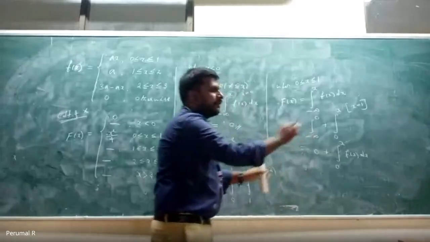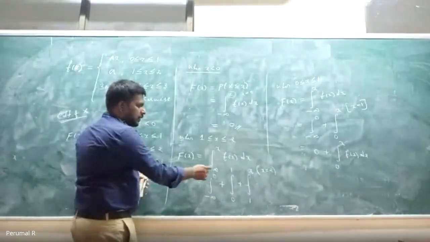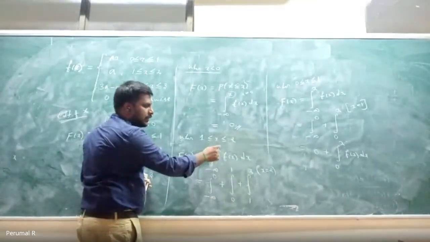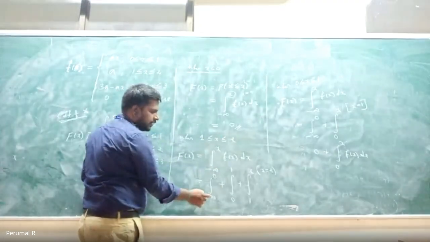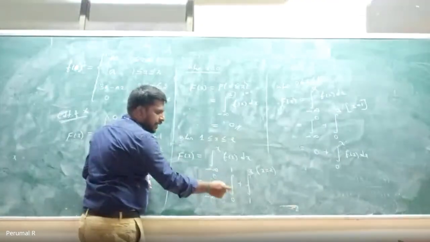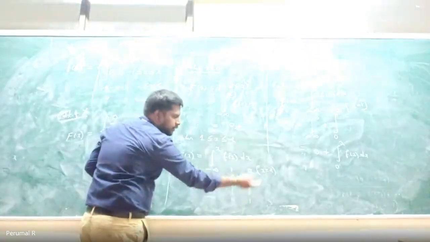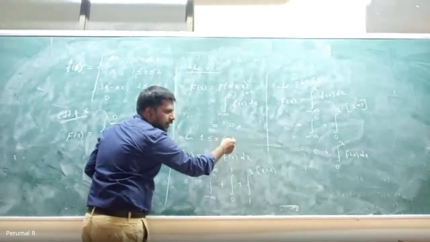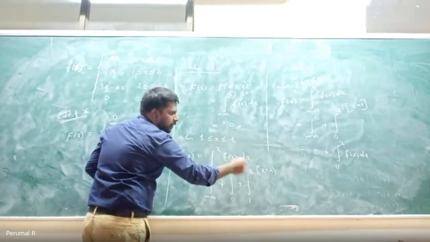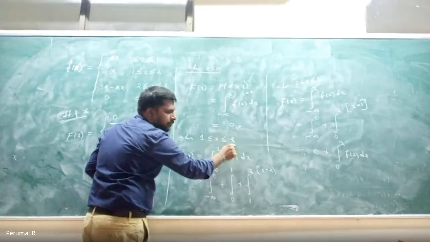Similarly here, minus infinity to x. How can you split up here? We need up to 2, so I am writing minus infinity to 0, then 0 to 1, then 1 to 2, where 2 is your upper limit. So you have to split the interval up to 2.